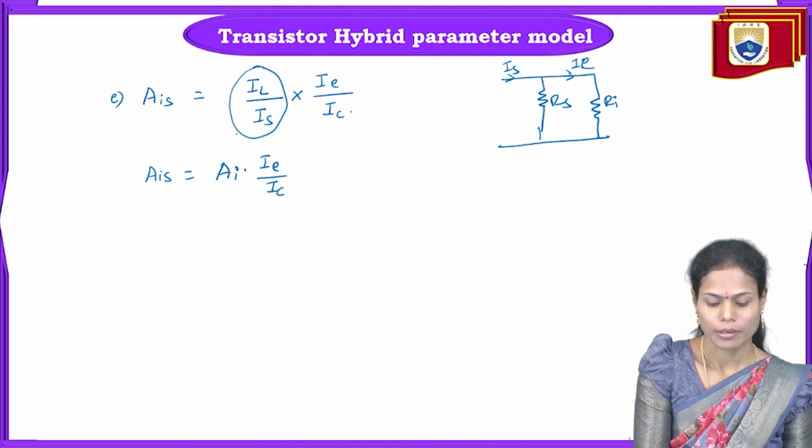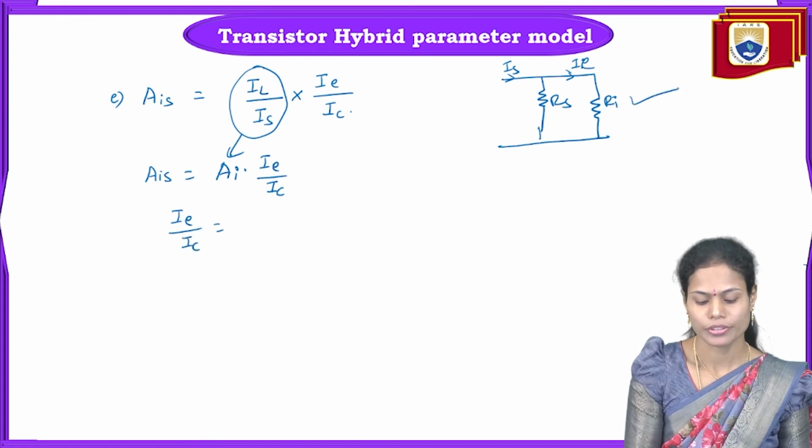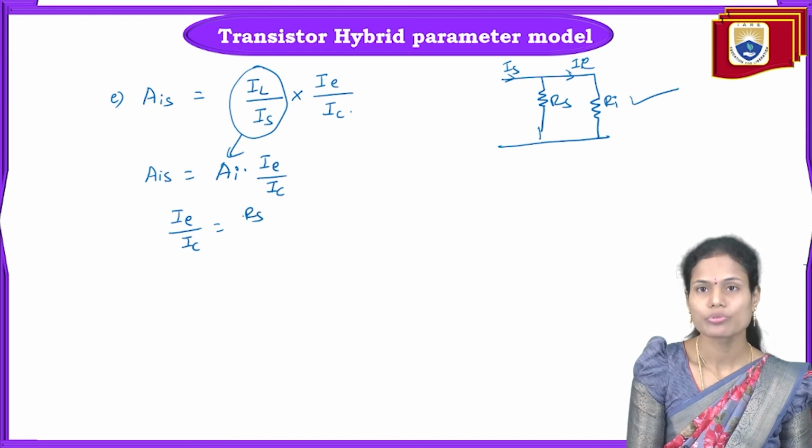This term I am replacing with current gain, and to find Ie by Ic from this circuit we will get it as source resistance by total resistance, Rs plus Ri.